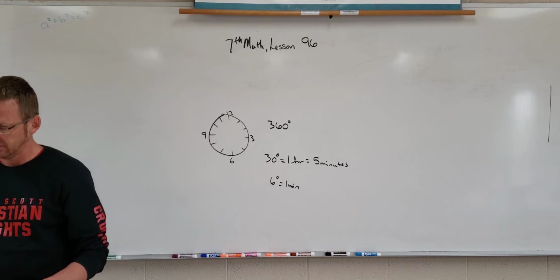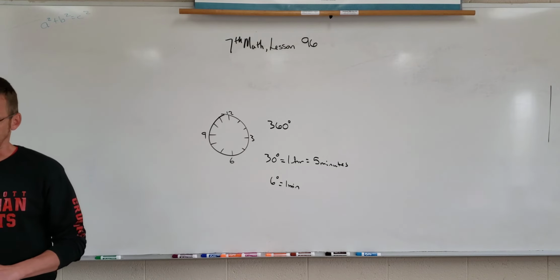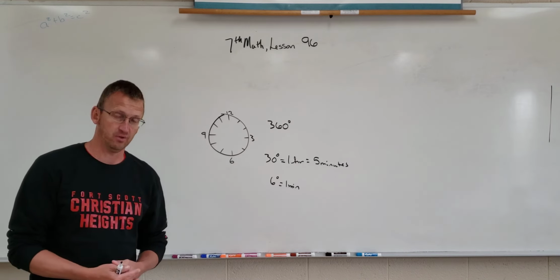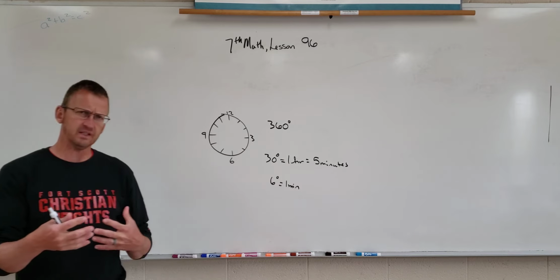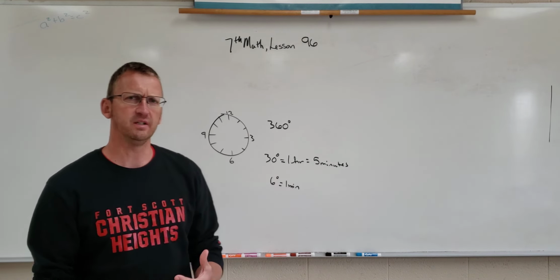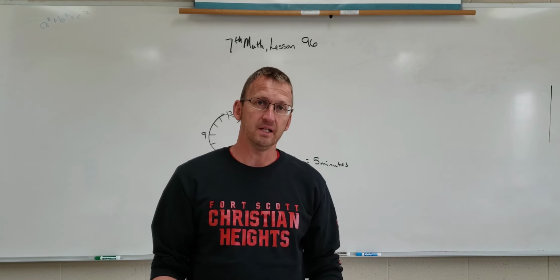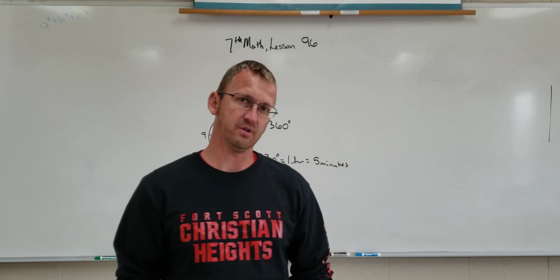It's asking you to look at a clock. Now on example 1, it says estimate the measure of angle BOC. Part B says use a protractor, and then example 1C is asking you for the difference between your guesstimate and the actual answer. Now, I comprehend that some of you probably don't have a protractor at home.